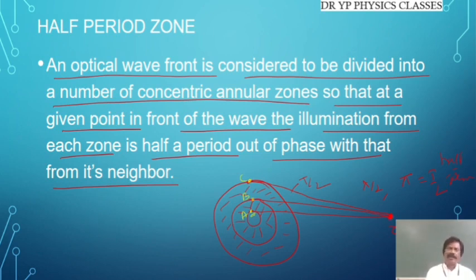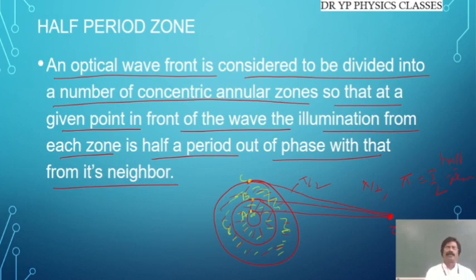Therefore, the area enclosed between the two points A and B is what is called the half period zone. The area between B and C, this particular annular ring, is also a half period zone. Like this, the half period zone is defined.